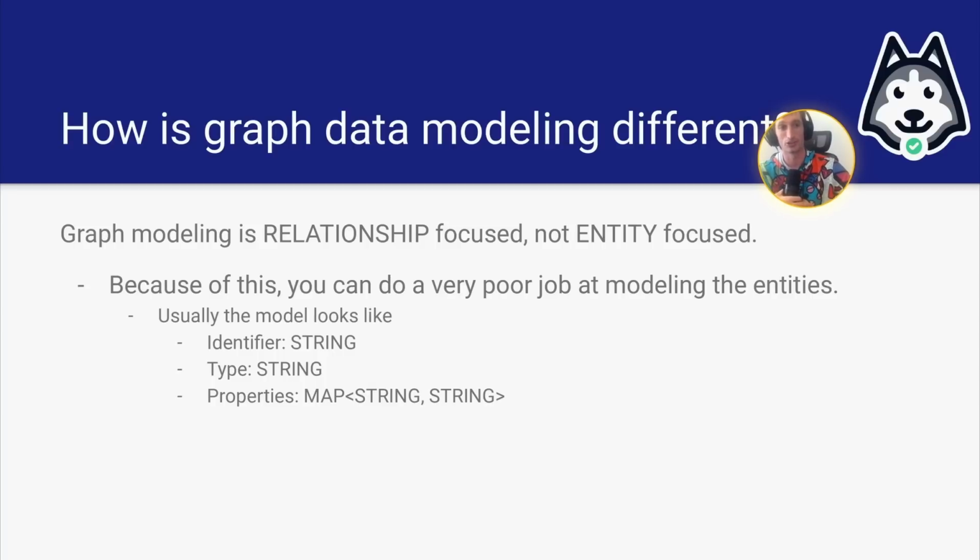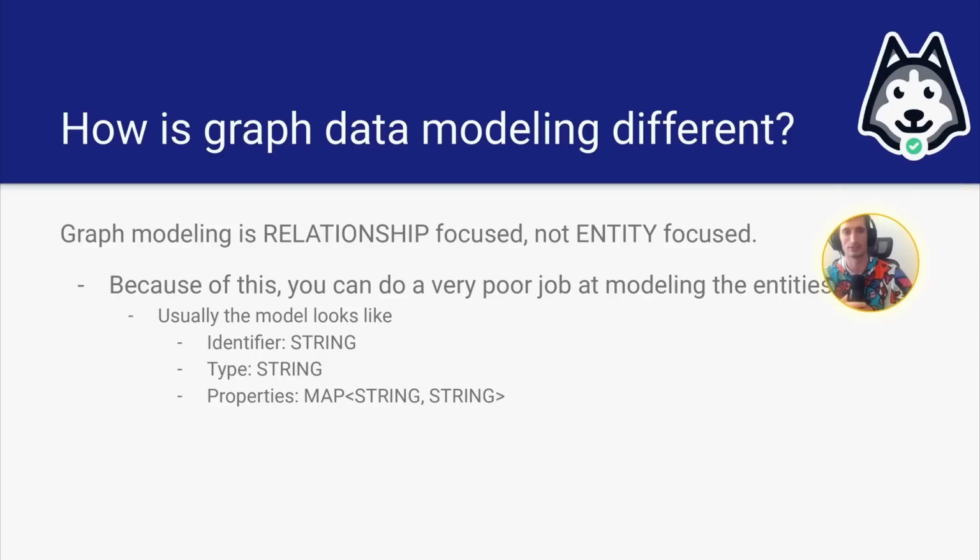There's a relationship between these 2 nodes, and that's what we care about. We care about the relationships. We don't care about the entities themselves as much. That's the whole idea behind graph databases: it's shifting the focus from how things are to how things are connected. If you can remember that, you're going to do a lot better in your graph data modeling experiences. So yeah, let's go to the next slide.